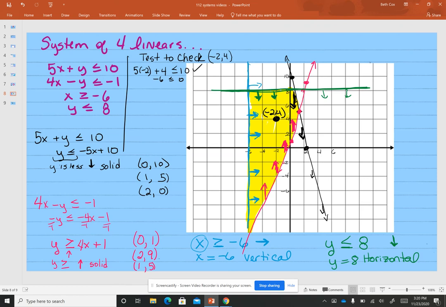All right, same point's got to check the other line. So if I plug it into the second one, all right, so I plug in -2 for the x and 4 for the y, I'm going to get -8 minus 4, which is in fact less than -1.